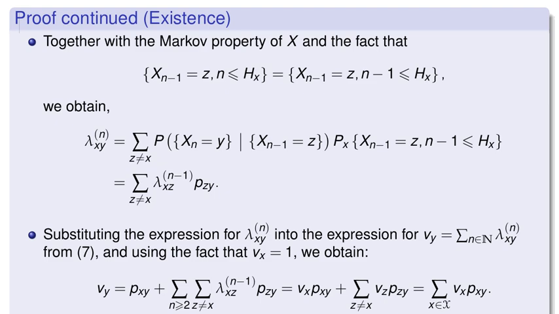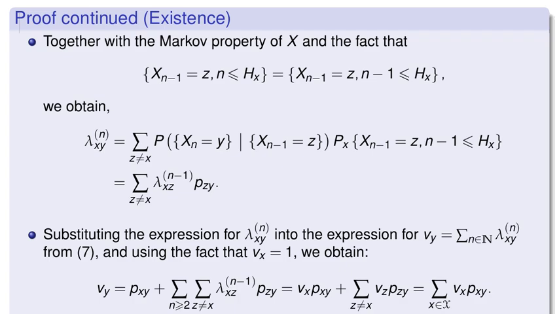Now, substituting this expression for lambda sub xy superscript n back into our formula for v sub y, which was the sum over n in natural numbers of lambda sub xy superscript n from equation star, let's say, and recalling that v sub x equals 1, we get v sub y equals p sub xy plus the sum for n greater than or equal to 2 of the sum over z not equal to x of lambda sub xz superscript n minus 1 times p sub zy.